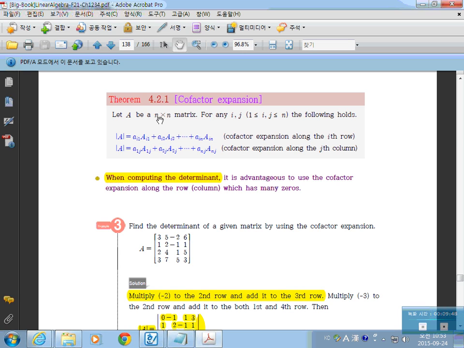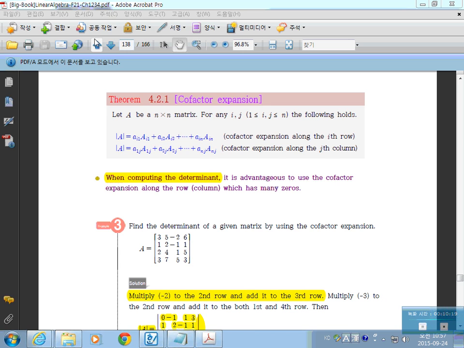For any size of matrix A, the following holds. The determinant of A is like this, a cofactor expansion along the ith row. And the determinant can also be found by the cofactor expansion along the jth column, for any columns, any rows.